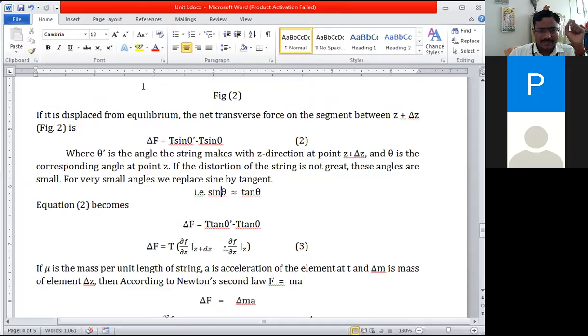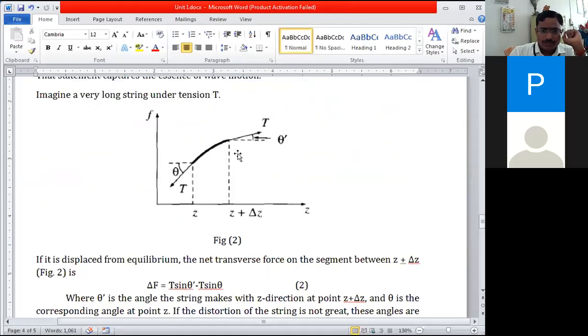If we draw a triangle, sin theta is the opposite side divided by the hypotenuse, and tan theta is the opposite side divided by the lateral side. Here, for this angle theta, the opposite side is delta f, the change in f, and the lateral side is the change in z. So the opposite side is f and the lateral side is z.